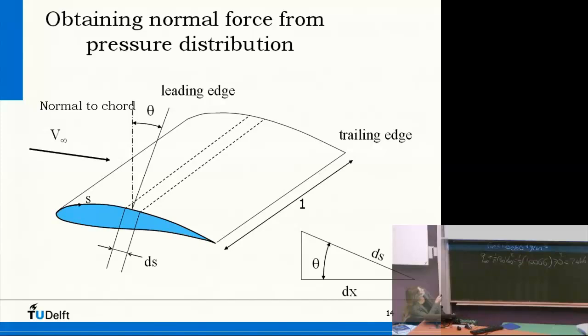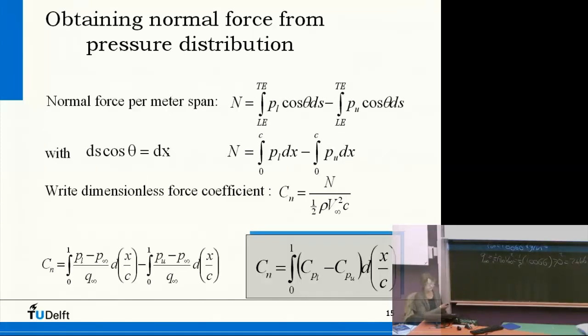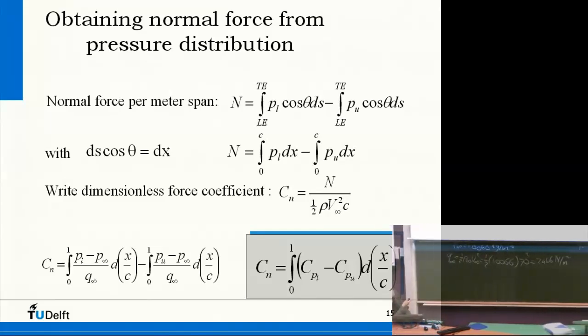So the net normal force is the projection of these pressures in normal direction minus the pressure on these in normal direction. So on all the slabs. So the normal force is the PL, that's the lower side, and the PU, that's the upper side. And then what is it? The PL is normal to the surface, so we have to transform that to the direction of the normal force.